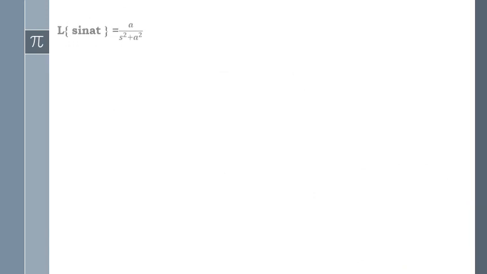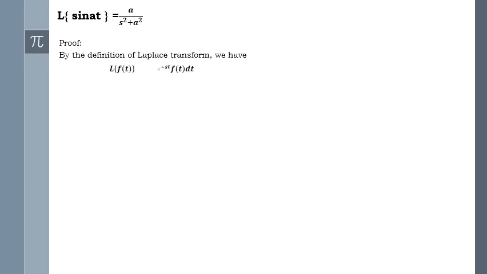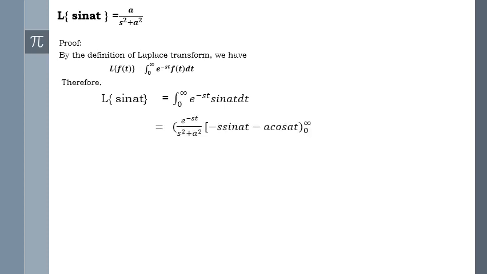Next we proceed to trigonometric function L of sin at. Again we prove just by using the definition of Laplace transform. Applying it to our function sin at, we get L of sin at is equal to integral 0 to infinity e power minus st sin at dt.